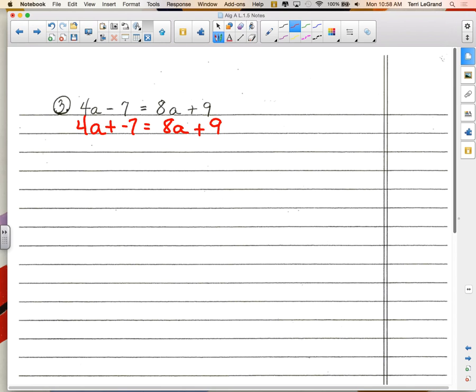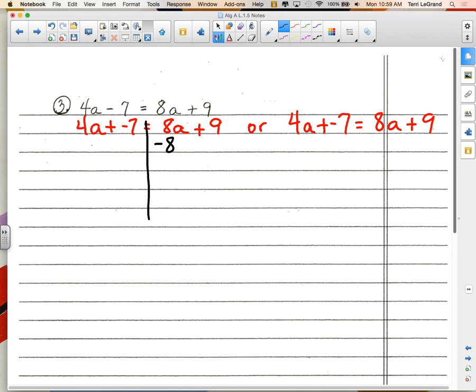I say I want to get rid of them on the left side because then I'm not going to have to deal with a negative number when I do my moving. So you get to make the call. Basically, I'm going to show you there are 2 different ways that we could go about starting this one. Holly's way says, I want to get rid of them on the right side. So what are we going to do, Holly?